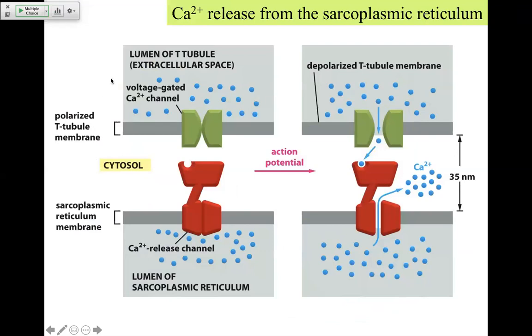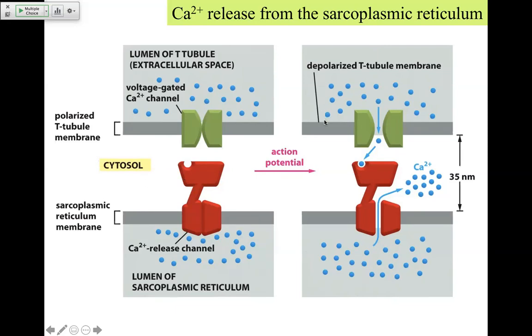Over here on the left is at rest, we have our T tubule, which is continuous with the plasma membrane. We have a voltage-gated calcium ion channel in the T tubule, physically next to the membrane of our sarcoplasmic reticulum. No calcium, or relatively low concentration of calcium, in the cytosol.